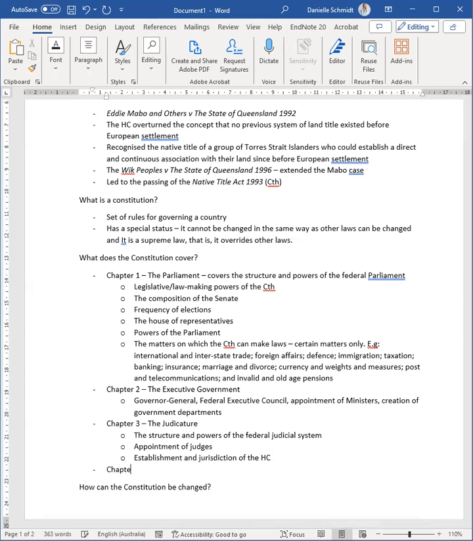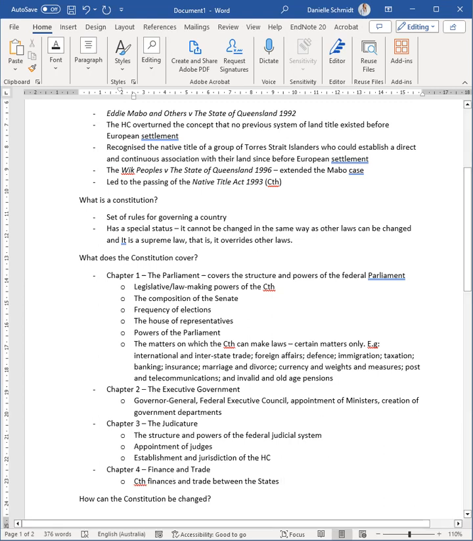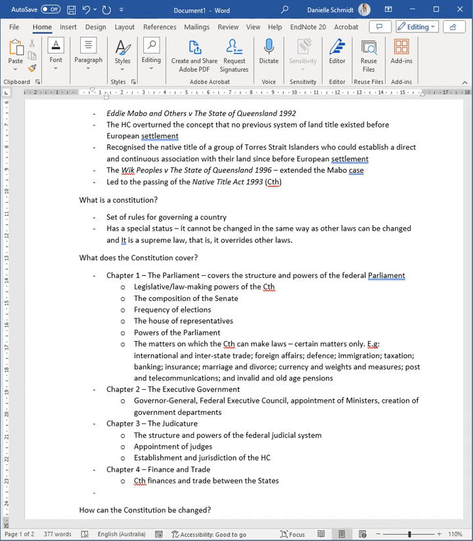Then we have chapter 4, which is finance and trade. So this is Commonwealth finances and trade between the states. We have things like federal parliament's control over Commonwealth spending, Commonwealth control of customs, free trade between the states, and the Commonwealth powers to give financial assistance to the states.